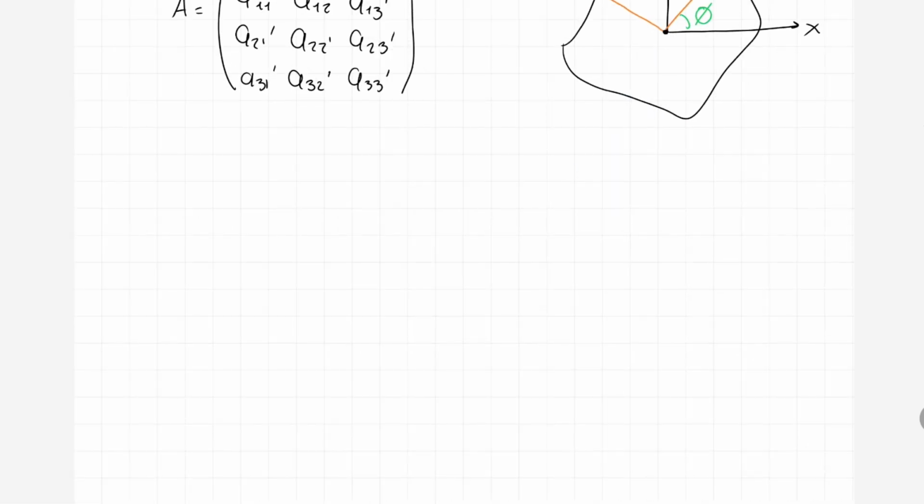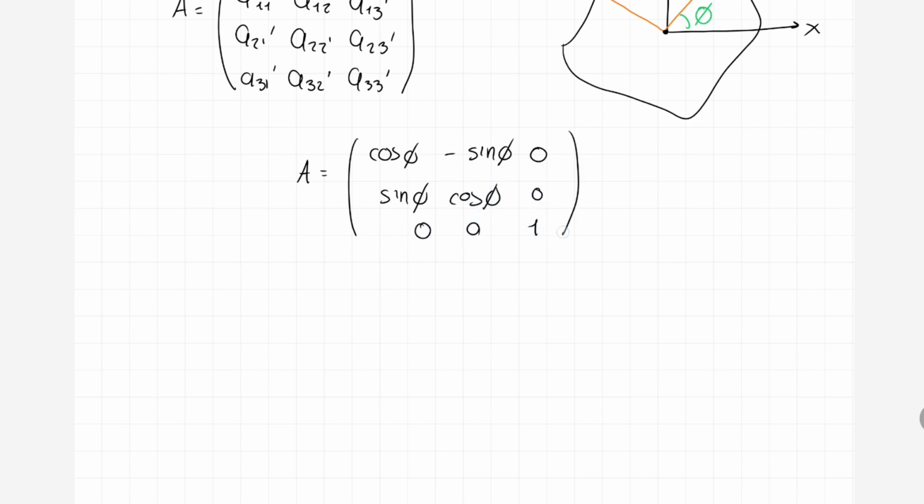For now we are not going to show why this matrix has this form. The rotation matrix for this case is given by the matrix that I'm writing over here: cosine phi, sine phi, 0; minus sine phi, cosine phi, 0; 0, 0, 1.